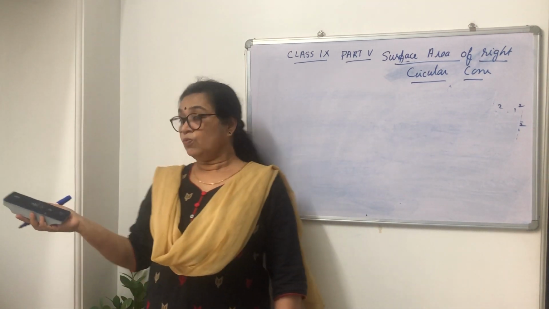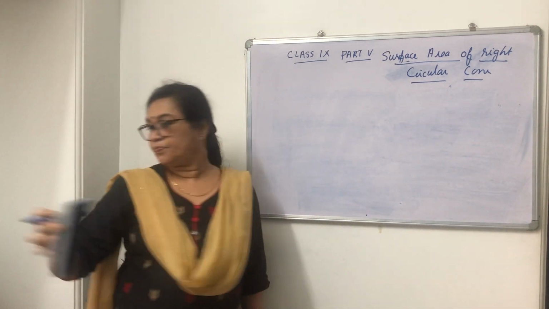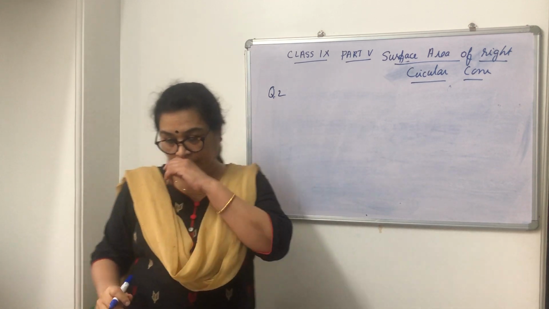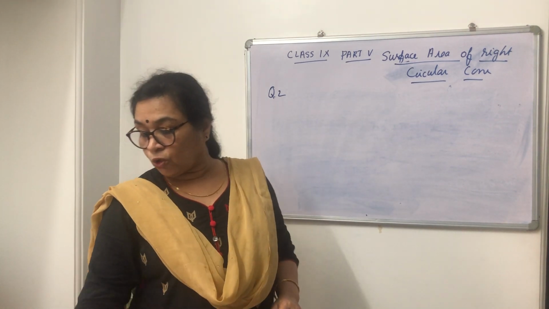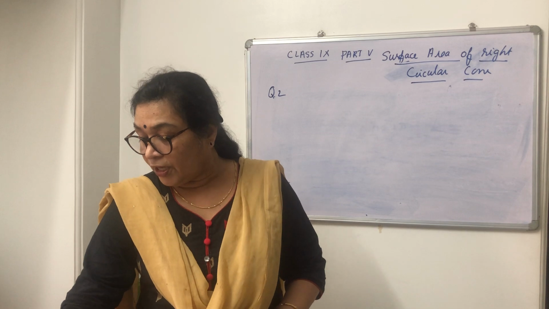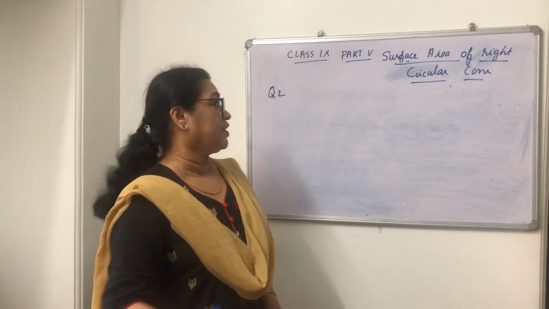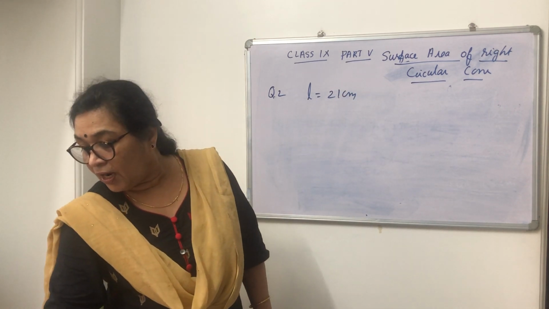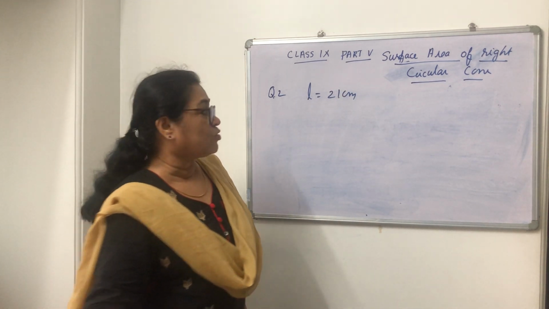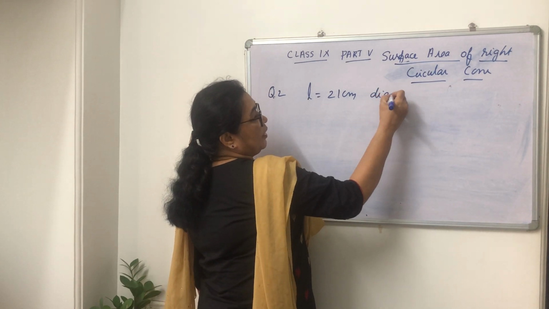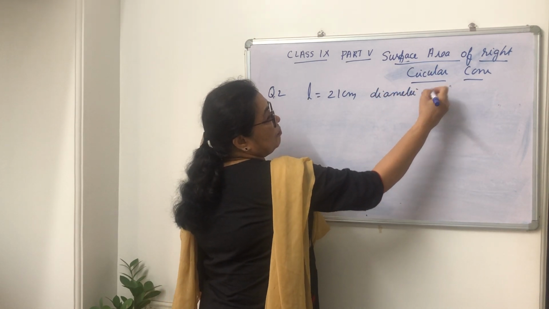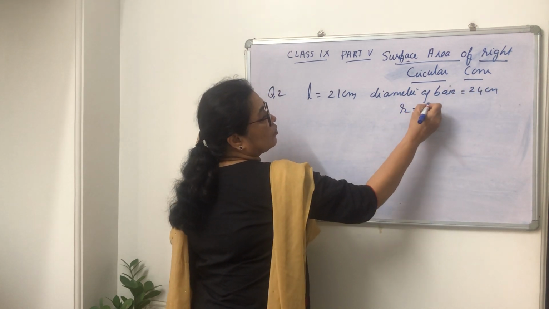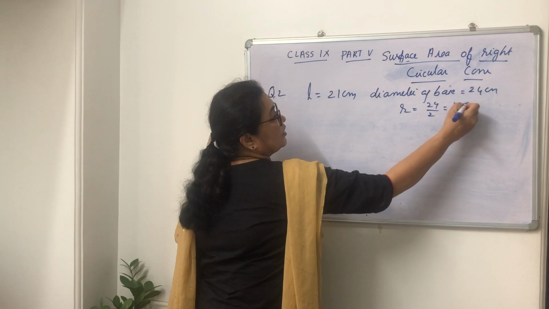Question number 2. Find the total surface area of the cone if the slant height is 21 centimeter and the diameter of the base is 24 centimeter. Then the radius is 24 by 2, which is 12 centimeter.